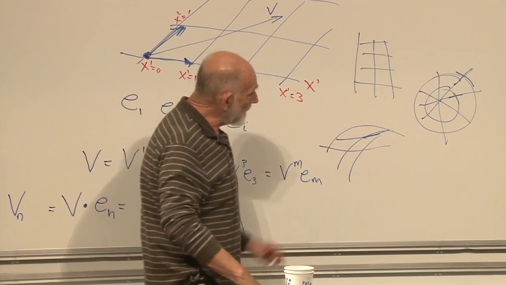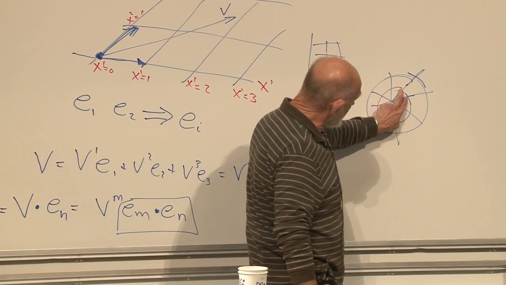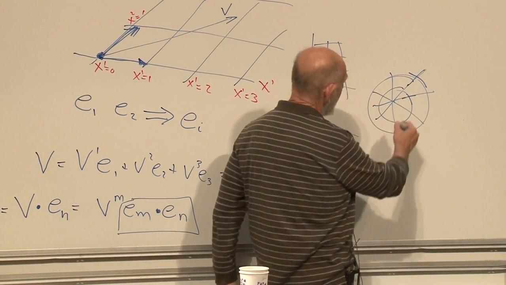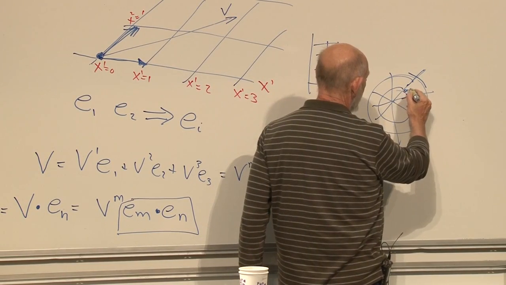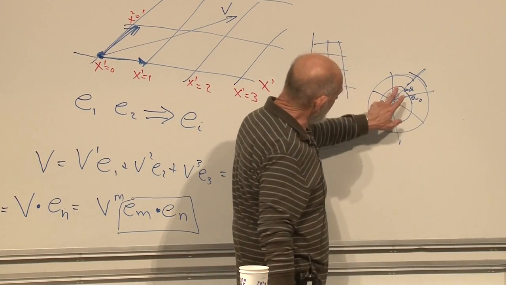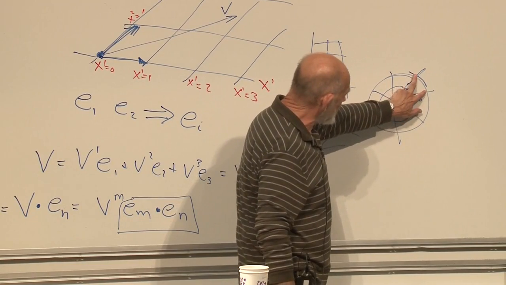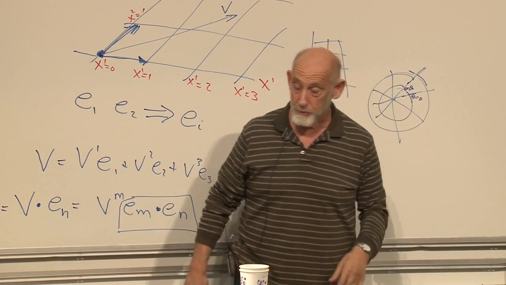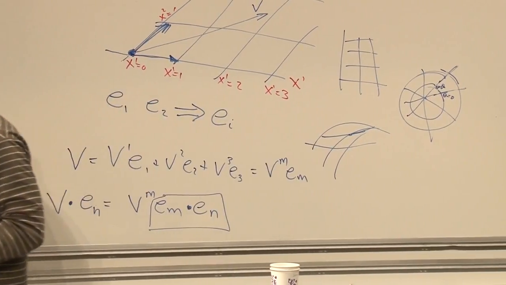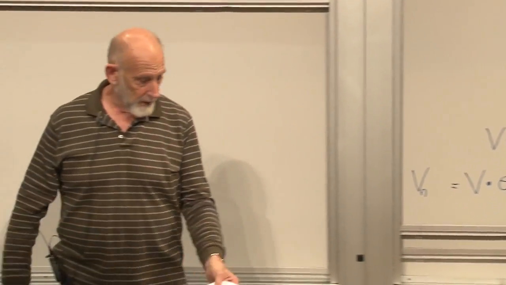Okay, but the separation distance between, let's call this theta equals 0 over here, and let's call this theta equals theta 1 over here. The separation between these 2 points is not the same as the separation between these 2 points, is not the same as the separation between these 2 points. So these are not Cartesian coordinates.